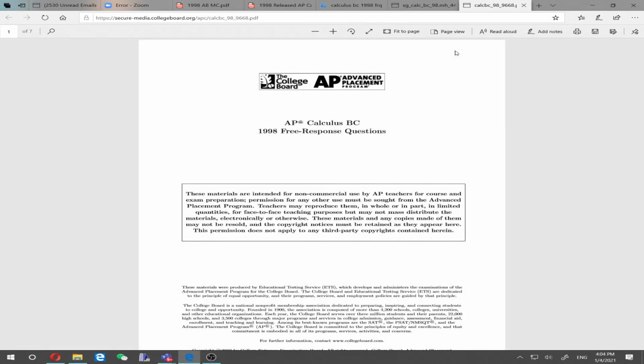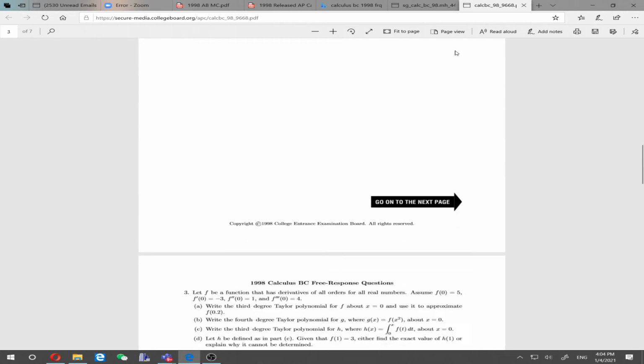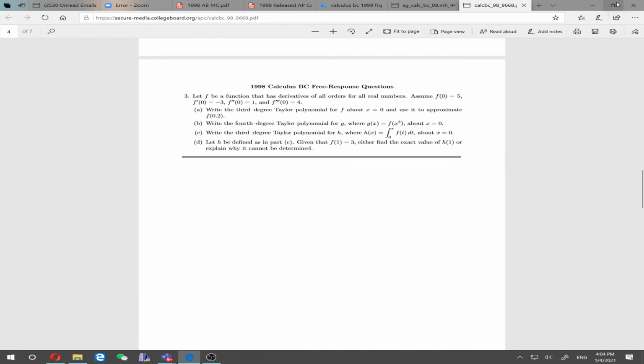Checking WeChat really quick. He wanted specifically number 3 and number 5.